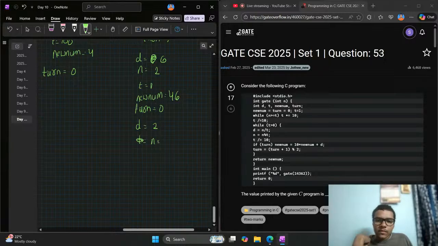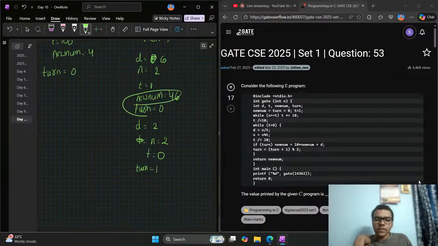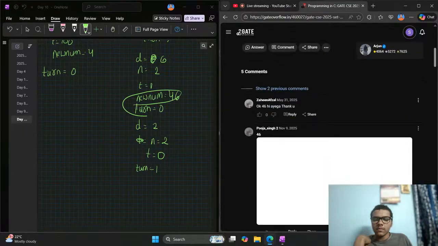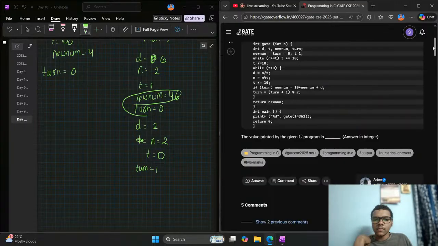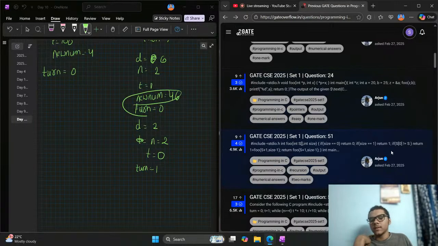N is equal to N mod T, 2 mod 1, that is 2. And T by 10, 0 this time. And turn is 0. So now turn will be 1, and new number is 46. Oh, what a recursion. What a recursion.